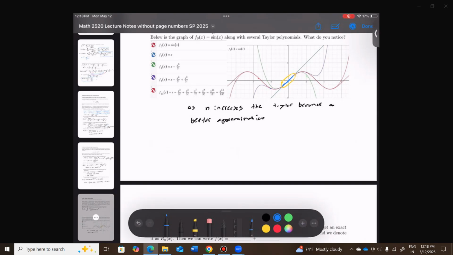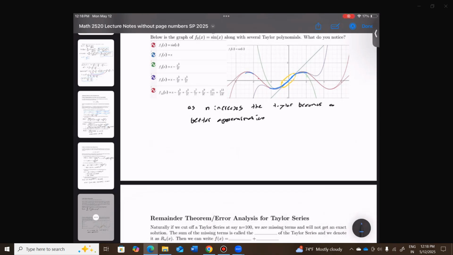Right? It overlaps from here to here. And then the other red one has an even bigger overlap. I drew it farther out each time. And so as n increases in terms, this one has more terms than this one, you have a better approximation.